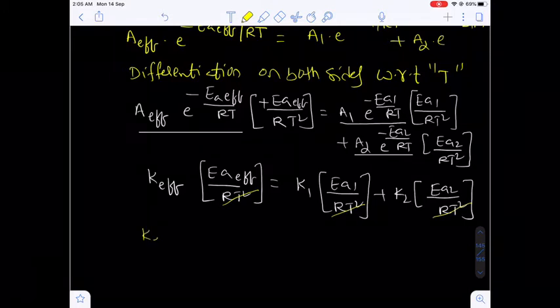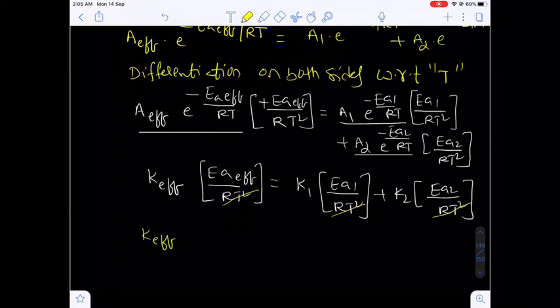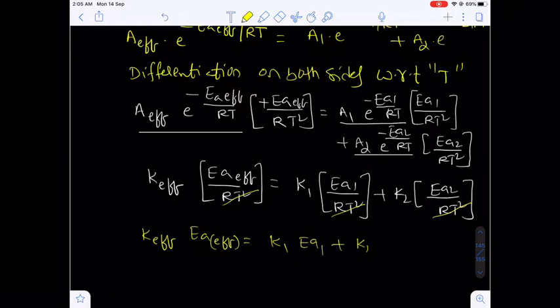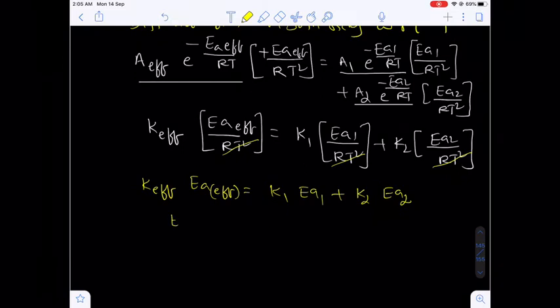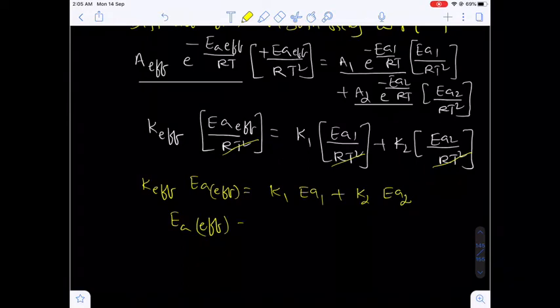So finally you get K effective into EA effective equals K1 EA1 plus K2 EA2. Are you getting it? So finally, what is the overall activation energy of the reaction?